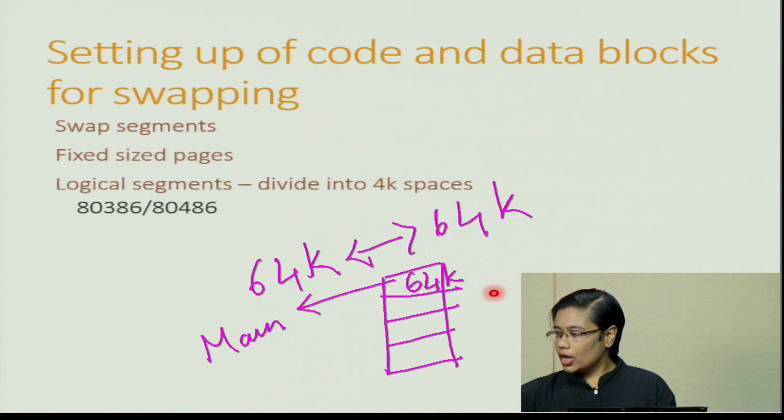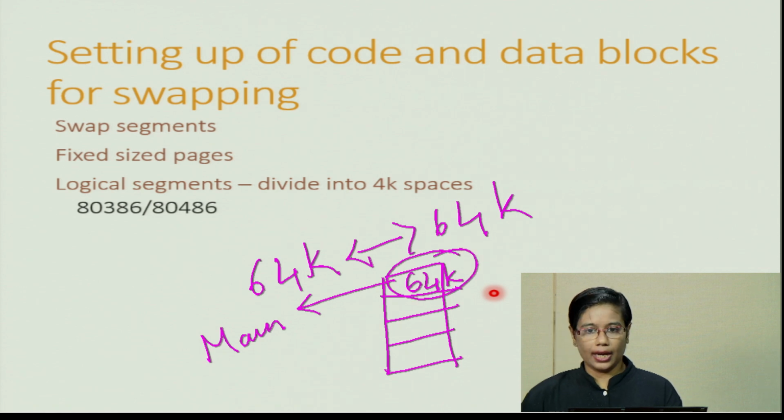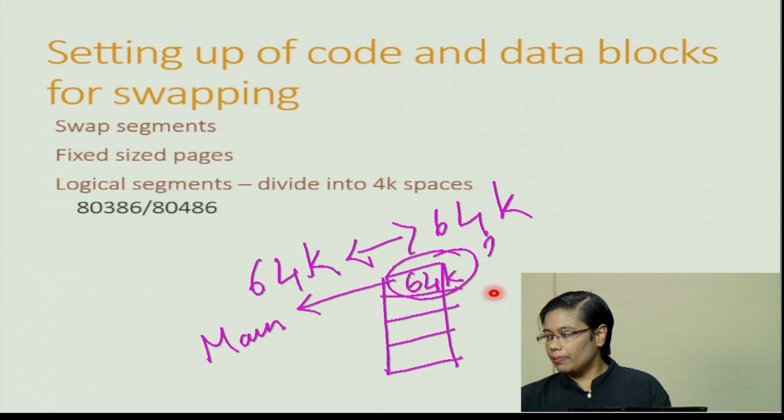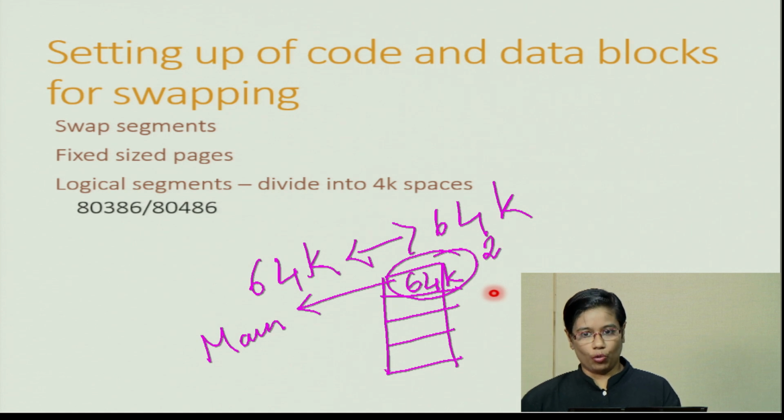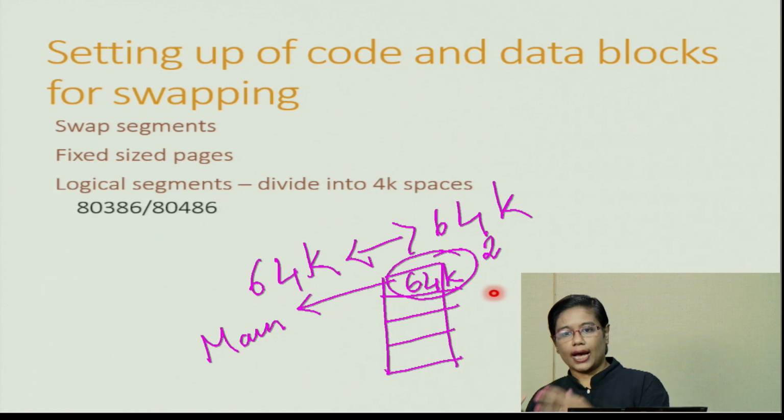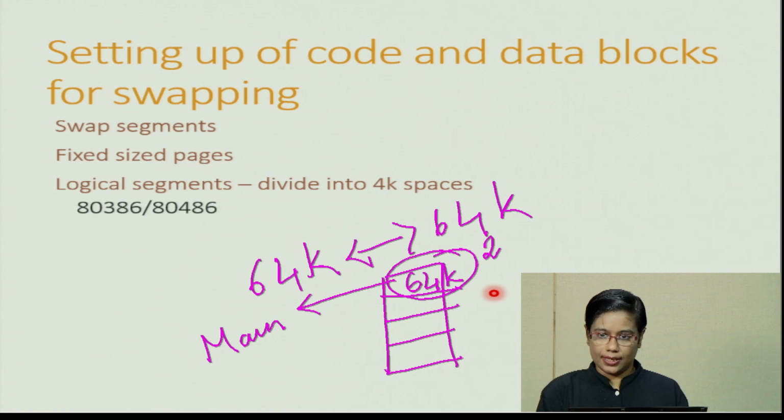Again, it is not compulsory that whenever we are talking about a segment, the size of the segment must be 64K. The maximum size of a segment is 64K, and the size of a segment can be anything from 2 bytes to 64K. So you can break up your program into segments, and only the segment which is currently executing will be present in memory.